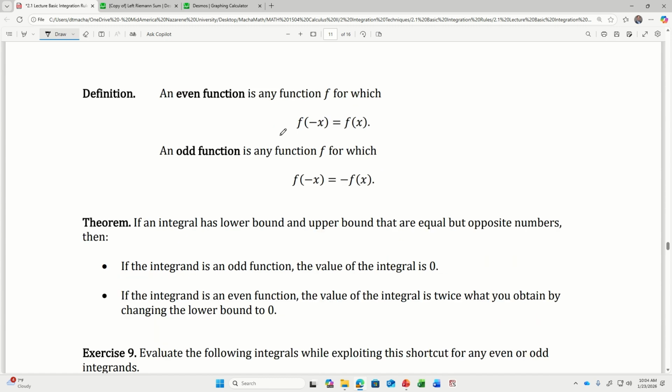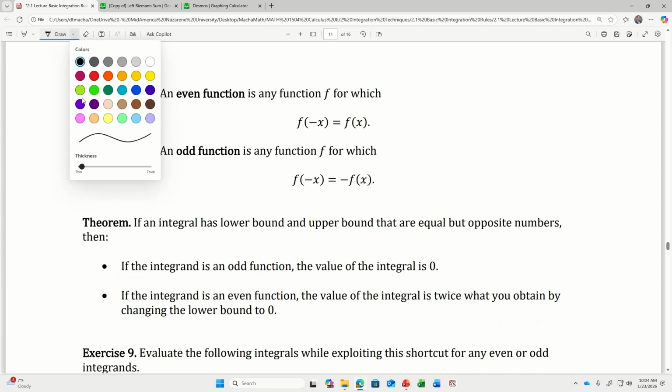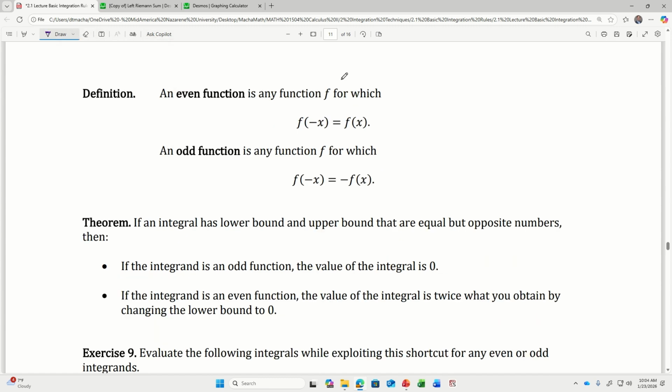I want to make sure I hit all the other topics like even and odd functions. We talked about this at length. Even function is a function for which f of negative x is equal to f of x. And an odd function is a function for which f of negative x is negative f of x. And this part is new.